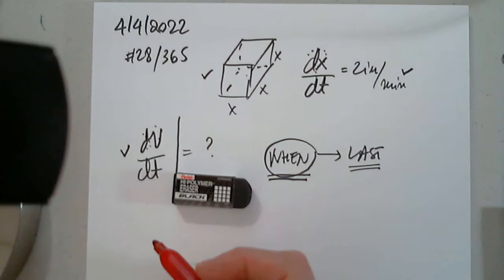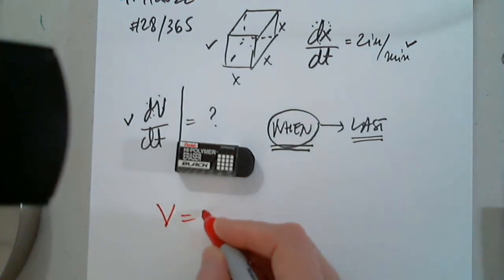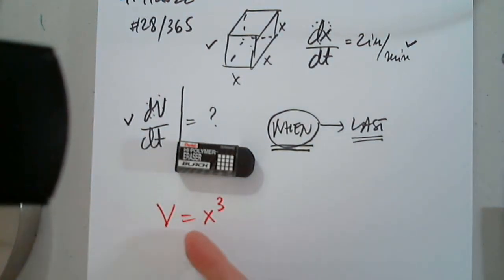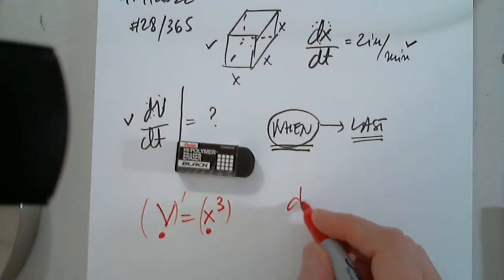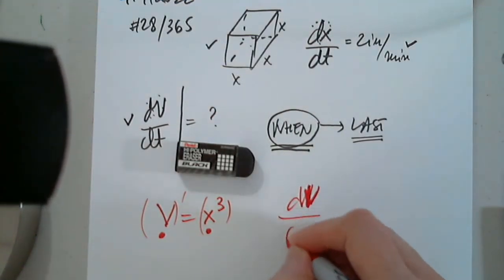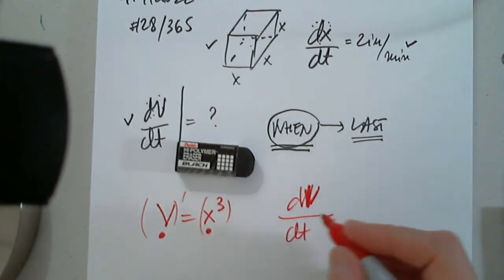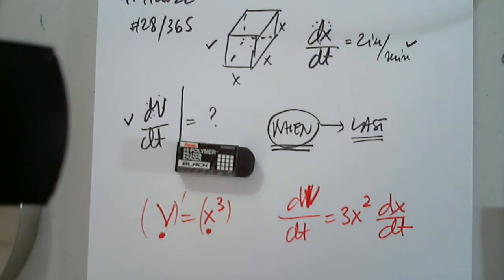The equation. So I guess V equals x cubed. Excellent. And then I have to differentiate both sides. Remember that this is a function of time and this is a function of time. So this will be dV over dt, and this is 3x squared dx over dt.